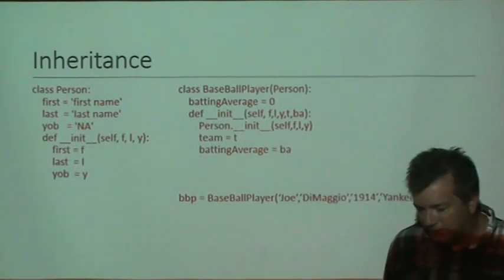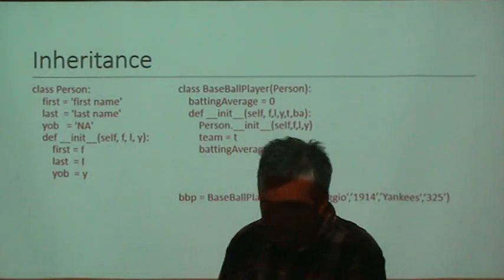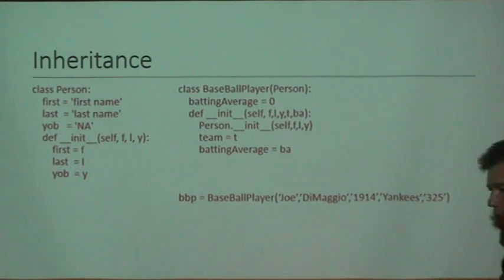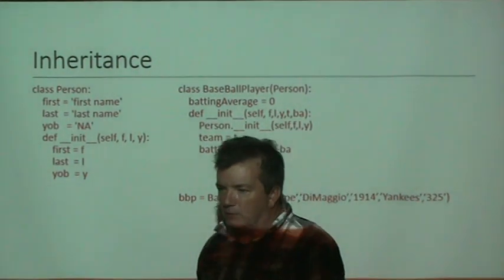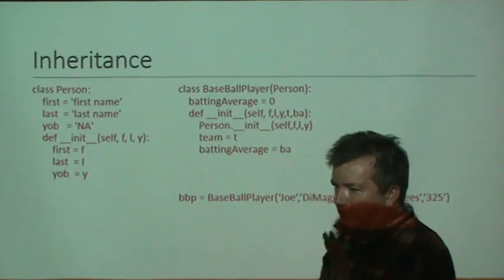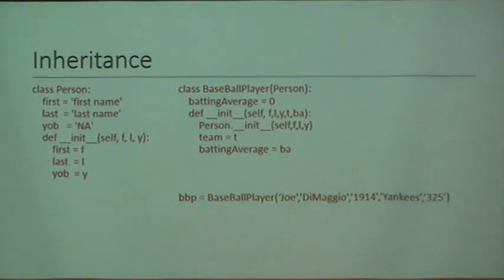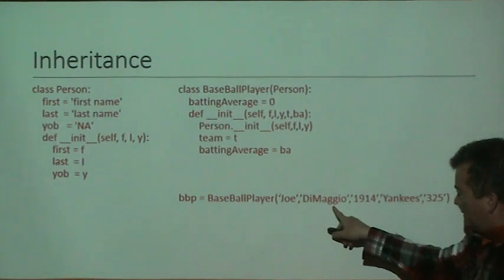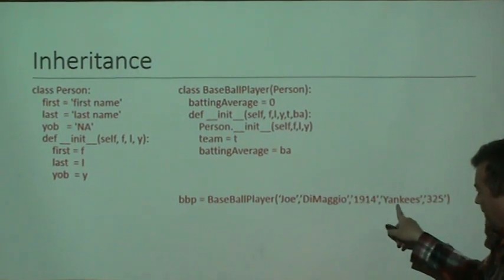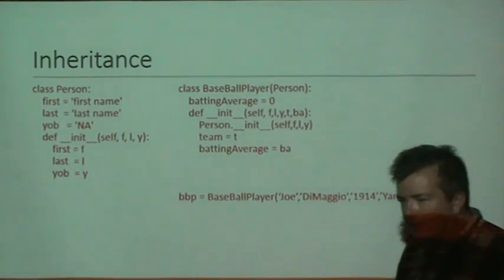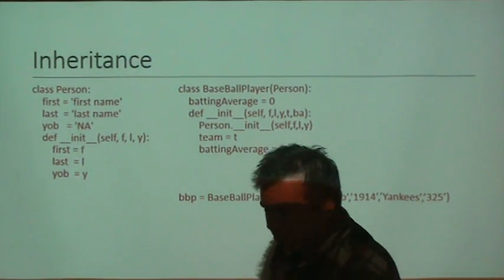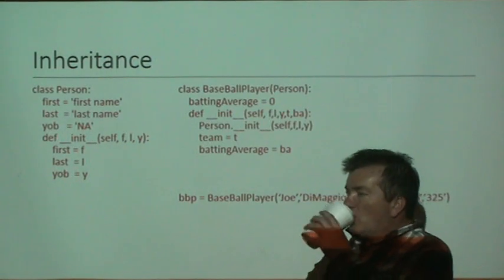I don't have a mechanism to say, I don't know what team you're on, so you're on the Mets. I'm not going to do that. So there's no default team, but there is a default batting average. Try to create somebody without a batting average, I'm putting in 0, and you can fix it later. So I can create a baseball player called Joe DiMaggio, 1914, Yankees, .325 batting average. That was DiMaggio's lifetime batting average, if you've heard of Joe DiMaggio. All right.